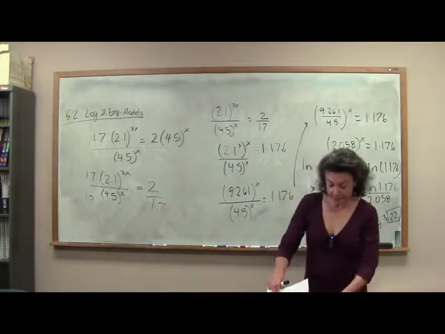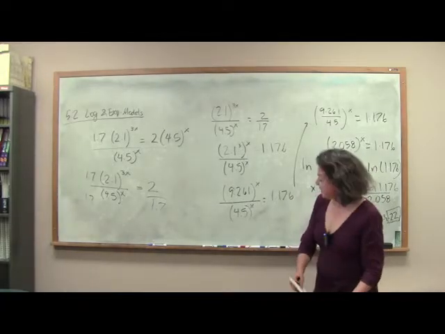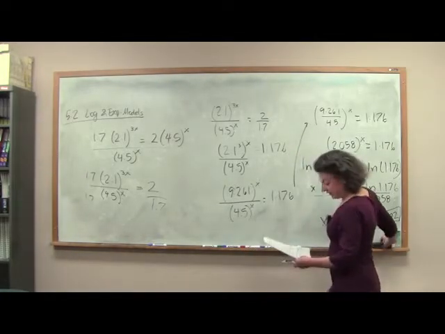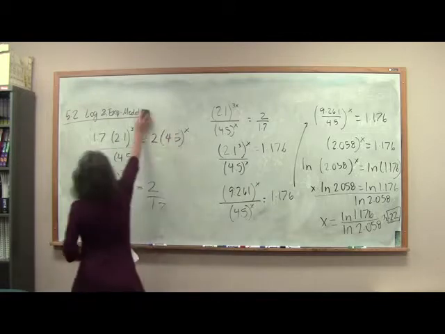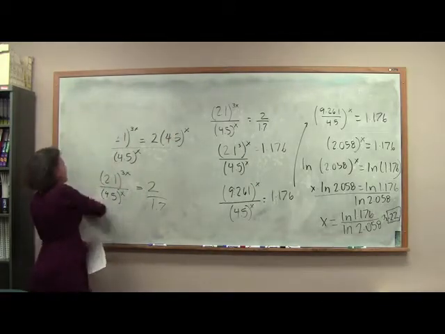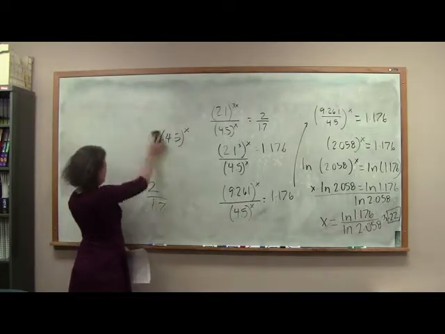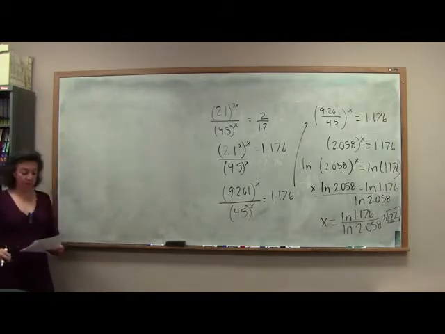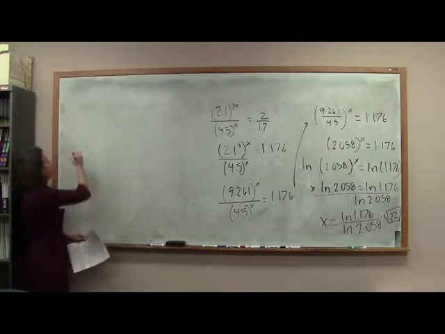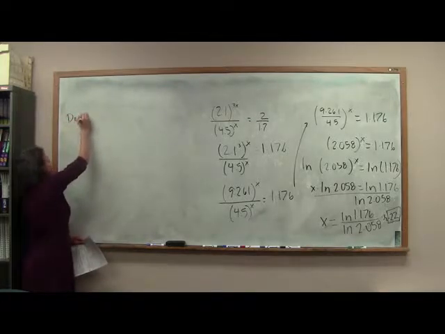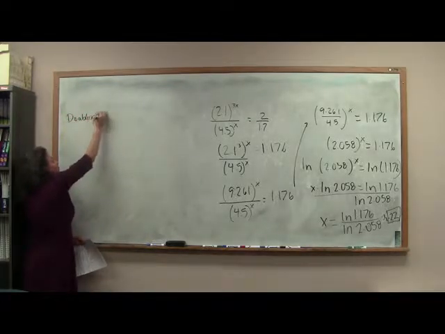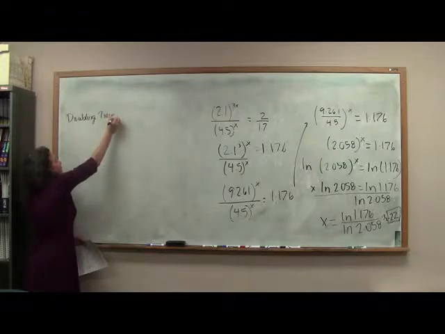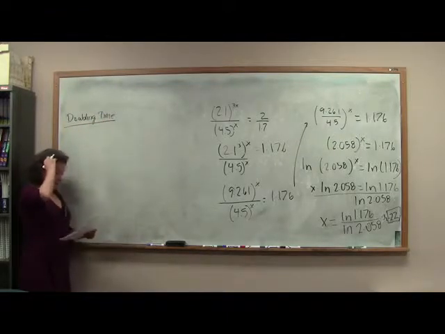All right. So, some important terminology that you will see is as follows. What I'm going to do is talk to you guys about what the terminology is, and then I'll be sure to work through at least one example. Okay? The first bit of terminology that you're going to see is something called doubling time.